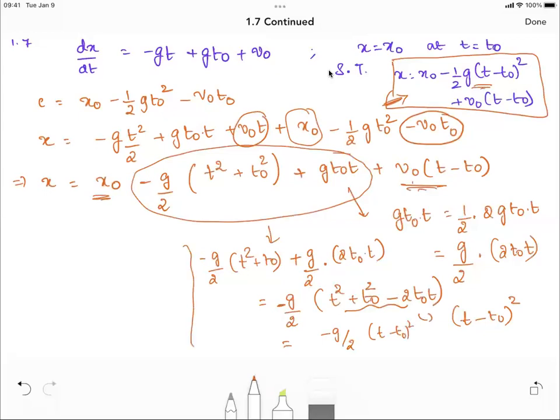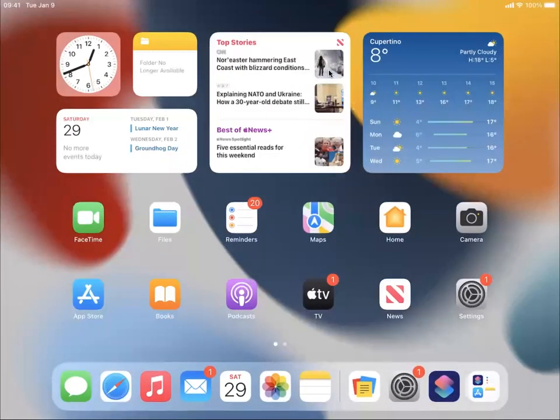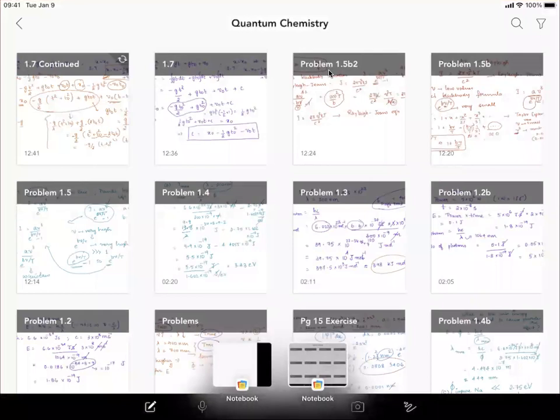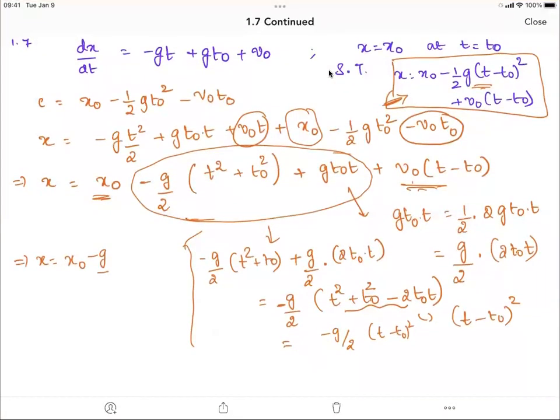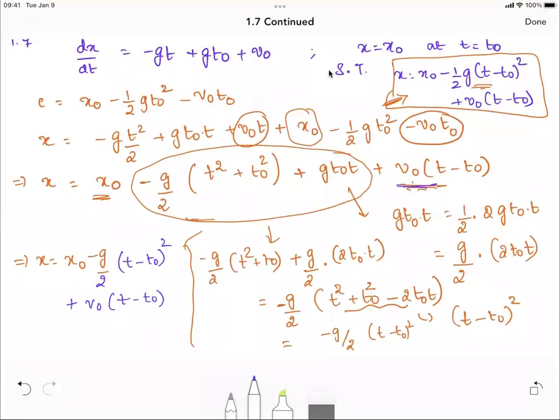Now that we have simplified this term, let's go back to the main equation and we can write it as x equals x0, and all of this term has been simplified to negative g over 2 times (t minus t0) squared, and we have this term plus v0 times (t minus t0).